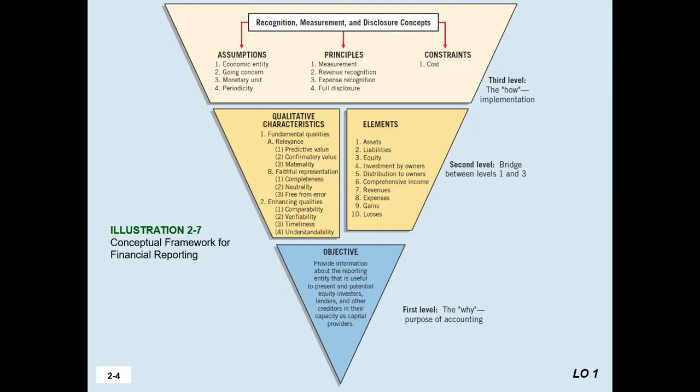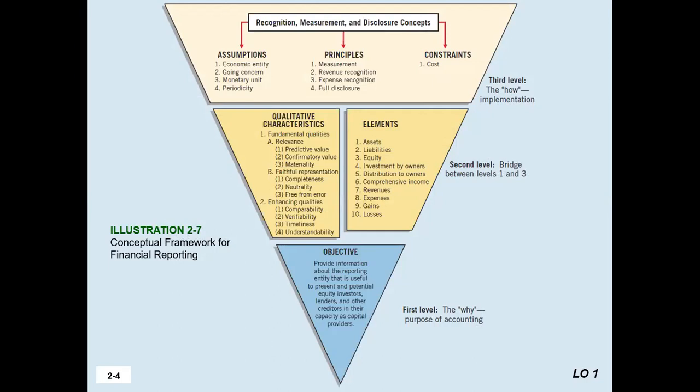The second level, those qualitative characteristics: relevance, faithful representation, enhancing qualities. And then the elements, we see 10 elements here. And these are elements of our financial statements. So assets, liabilities, equity. Of course, we know that those are found on the balance sheet.